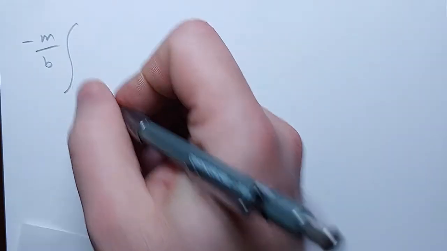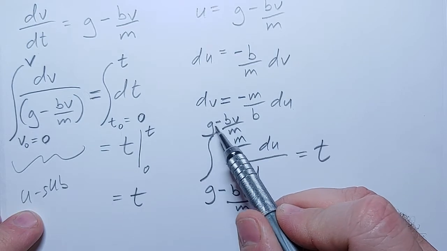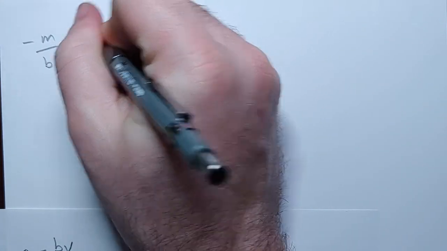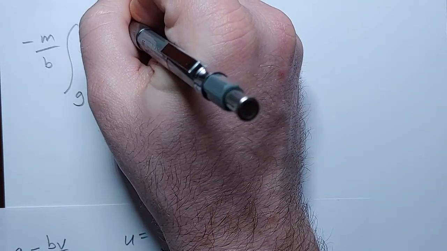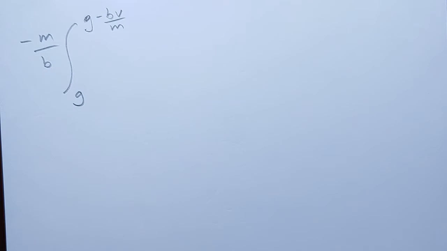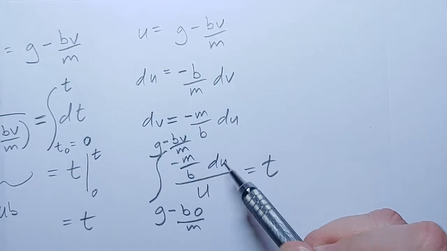This is just g. And then g minus bv over m stays the same. So my upper limit is g minus bv over m. And then what's left is this 1 over u du.